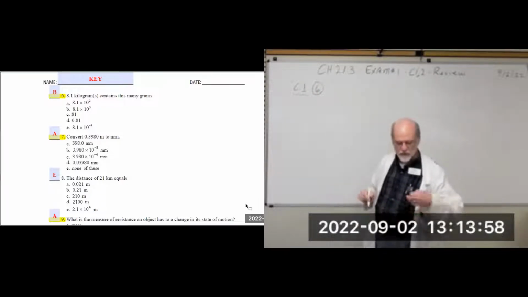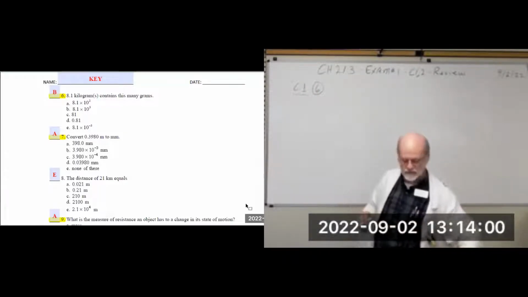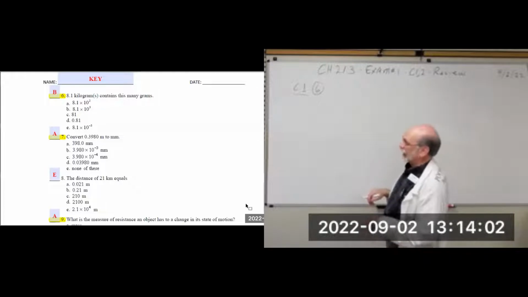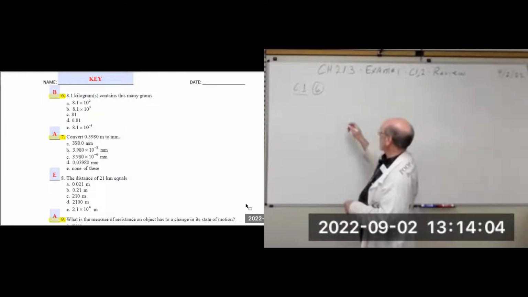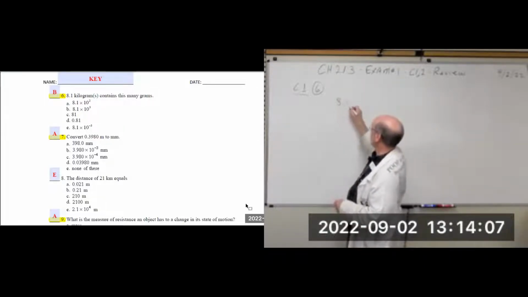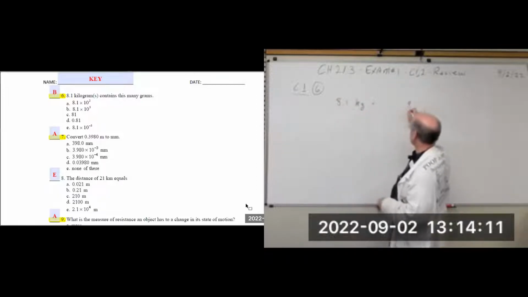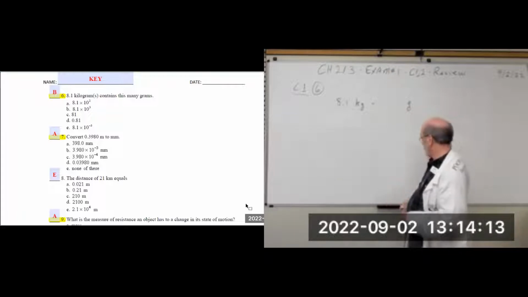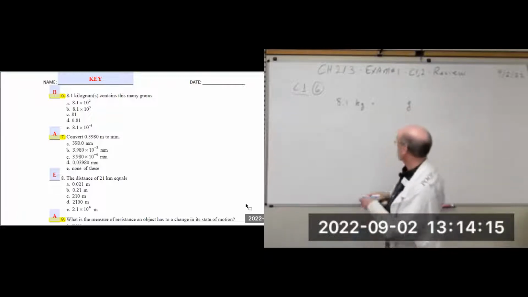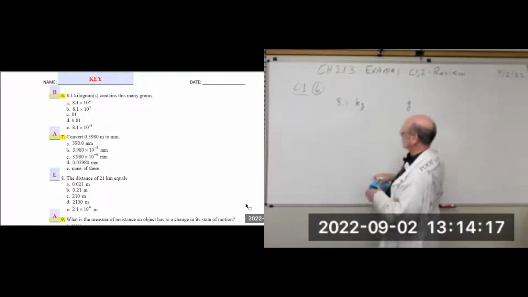I think they start numbering over again when we get to chapter 2 problems. 8.1 kilograms contains how many grams? 8.1 kilograms equals how many grams? There are 2 ways to approach this, the long way and the short way.